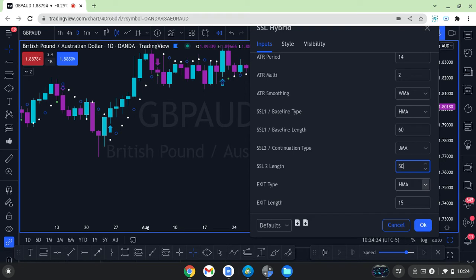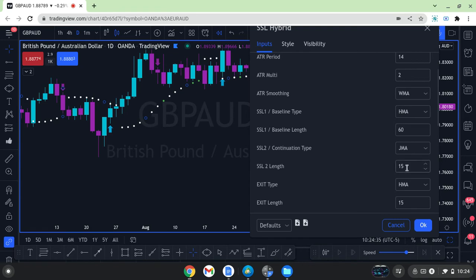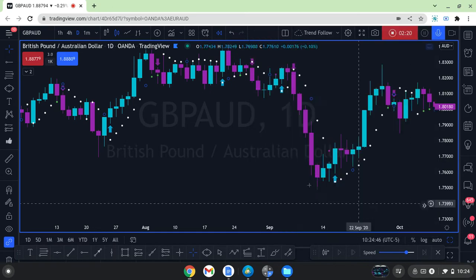Let's say I make it a 50. See how the dots change? Okay, let's say I make it a 15. It changed again. So I'm going to put it back on 5. It's a moving average. And there it is, right? So that's proof that it actually was meant to be used as a continuation.